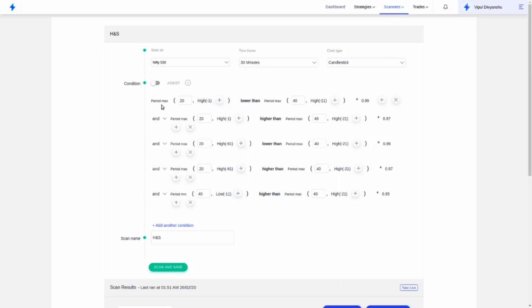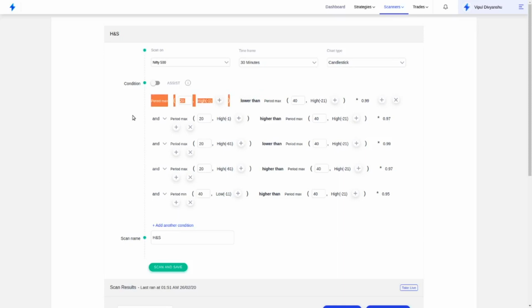So for example, period max 20 high offset -1 will give you the highest price that the stock has gotten in the last 20 candles. Now why do I say last 20 candles? Because the offset is -1, so that means it takes the latest candle that has formed, goes back 20 candles. In those 20 candles, what was the highest value that is being returned here?